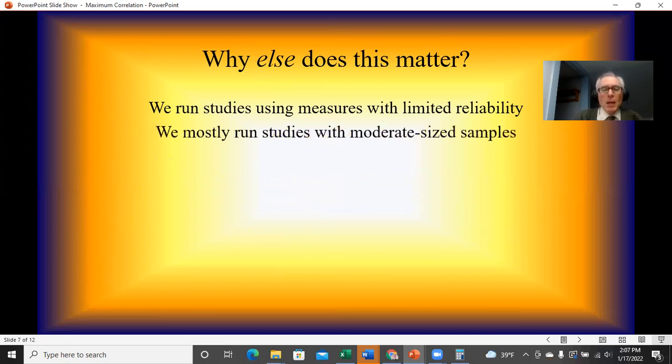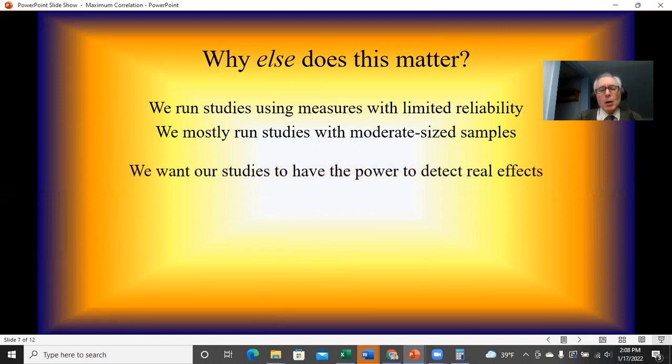That's life. And most of the time, unless you have a lot of funding, we're running studies with medium-sized samples. You may have 50 or 100 or so people in your sample, maybe a couple hundred at most. So you may recall in statistics class learning something about power, the power of a study to detect an effect that's really there.